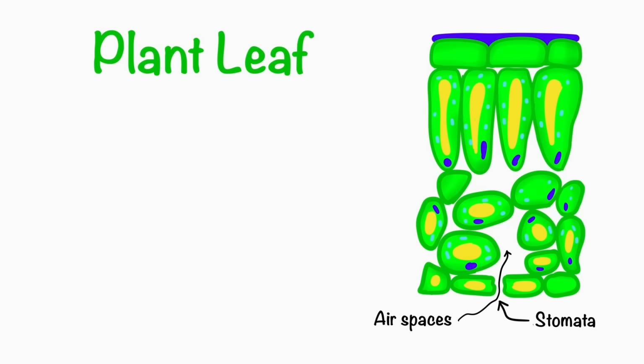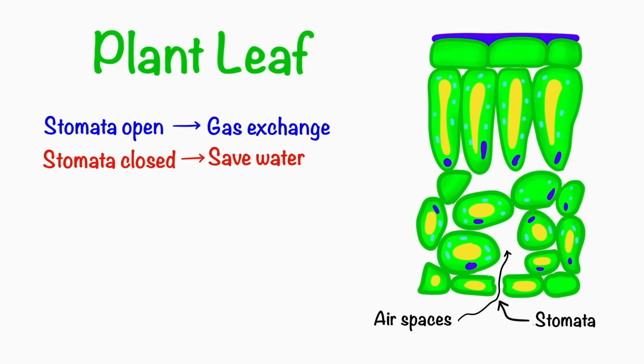And in plants, the leaves are the main gas exchange surfaces. Leaves have tiny pores called stomata, which can open and close to control gas exchange. Inside the leaf, there are air spaces between cells that increase the surface area available for gas exchange.